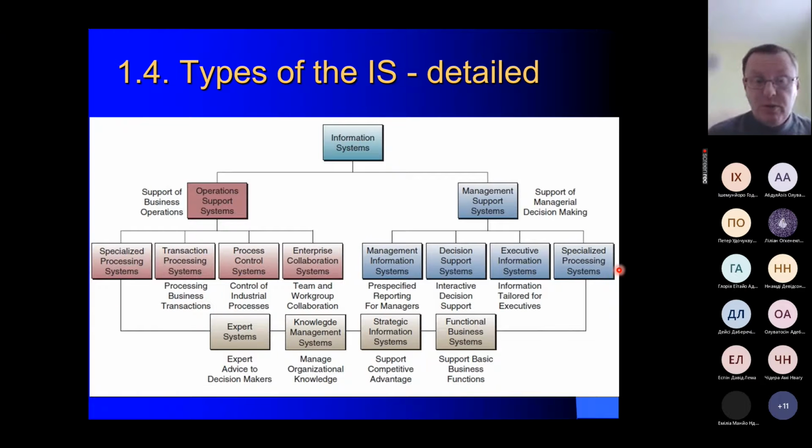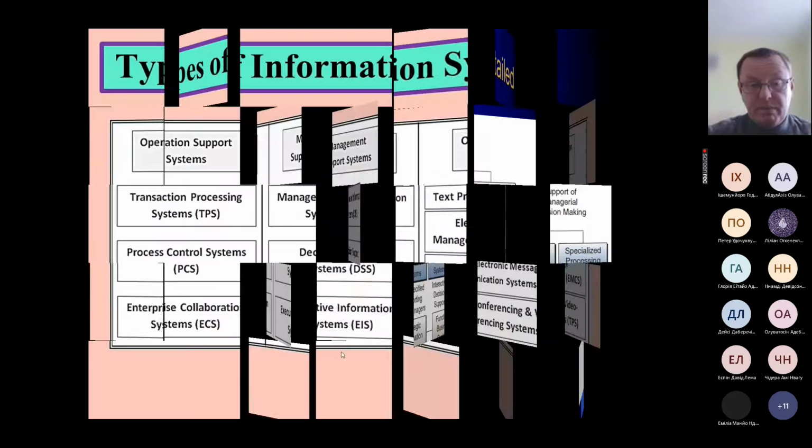Depending on the source, you can find an even larger classification of types, and I especially want to point your attention to the last group of information systems, which contains features of both and includes expert systems, knowledge management systems, as well as strategic information function business systems. They deal with integration of decision making as well as support of business operation and introduce full automation of those processes, especially with expert systems and knowledge management systems.